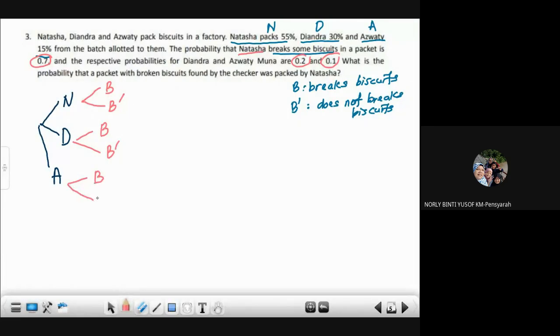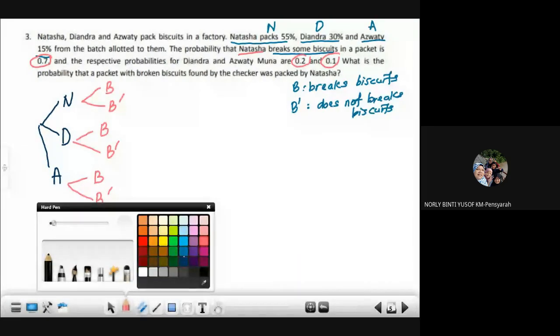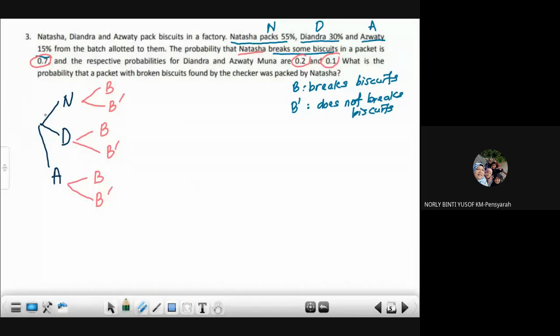Break biscuit, doesn't break. Okay. Natasha pack 55%, 0.55. In percentage, you change to decimal point lah kan. Over percentage 100%. Diandra 0.3, Azwati 0.15.